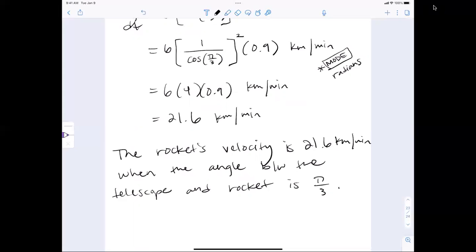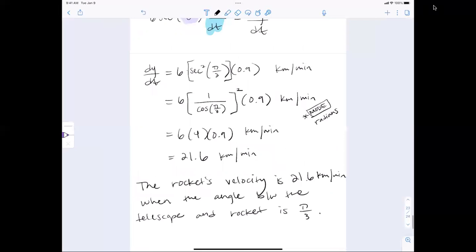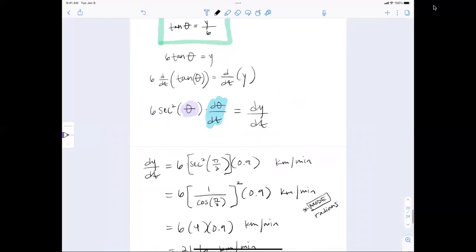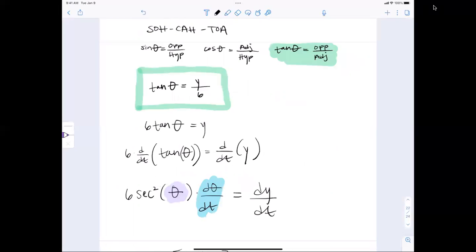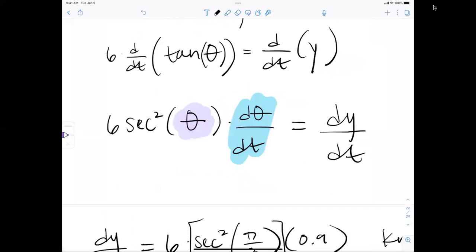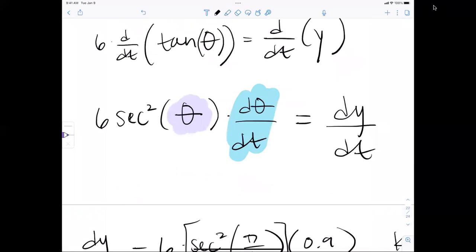I think I started to talk about this and then lost my train of thought. Going back up to our derivative, we were given theta. You're not always given the angle to describe the moment in time for these types of problems.